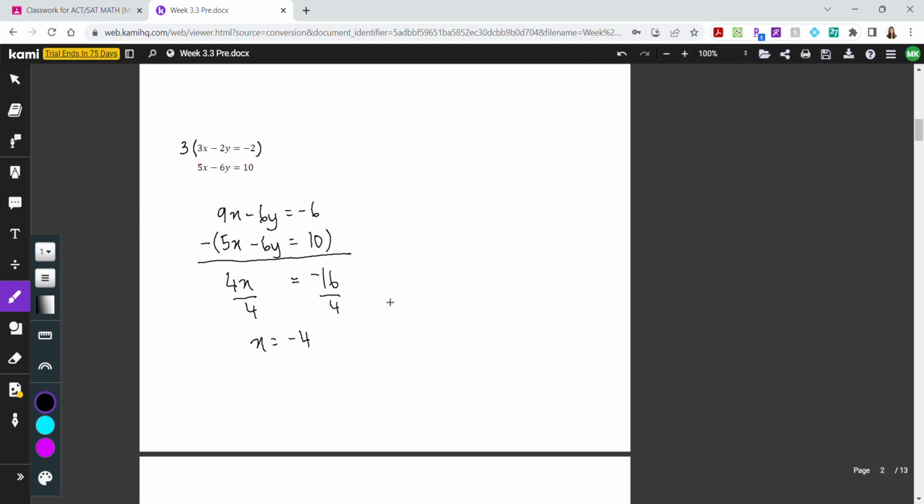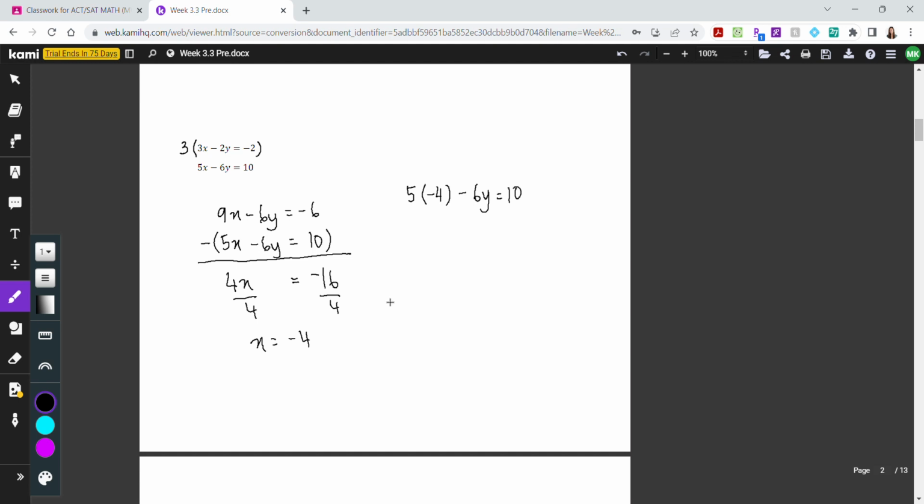All right, now that we have this, I am going to substitute x with negative 4 using any one of these equations. I am going to pick the second equation to use. So we have 5 replacing x with negative 4. Look at that. Minus 6y equals 10.